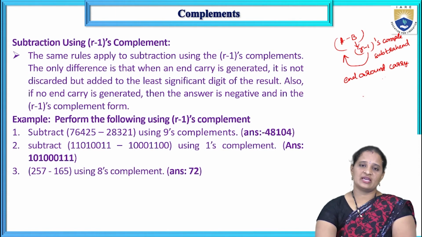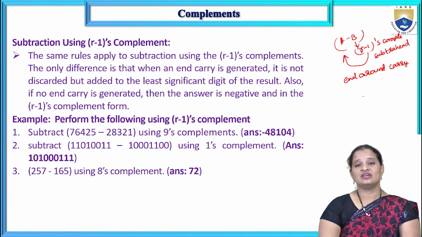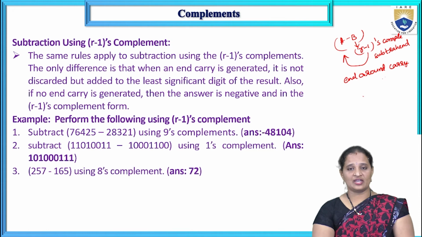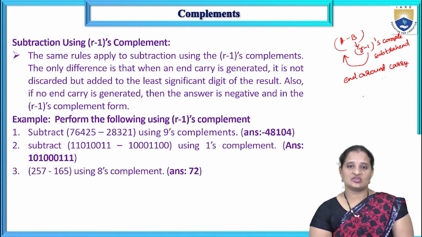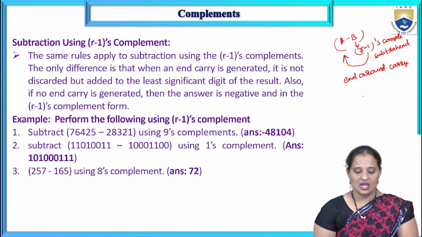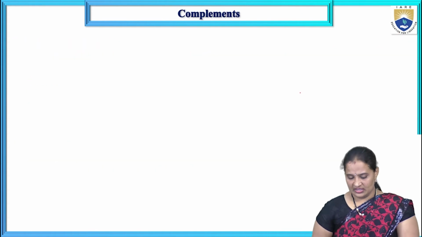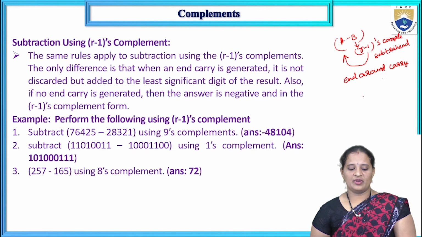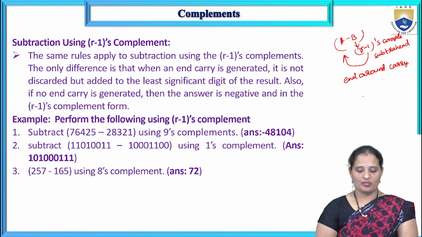And in both cases, if no carry is generated, the result is negative, that is, the negative of the complement of the sum. So this is the procedure for performing subtraction using complements.